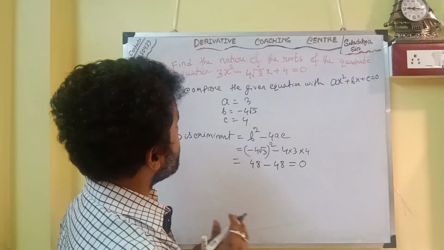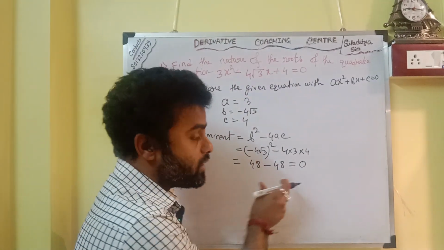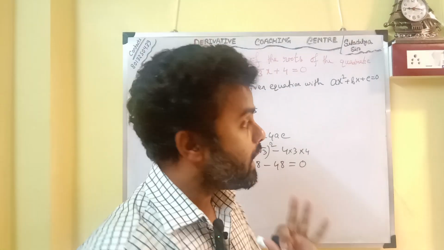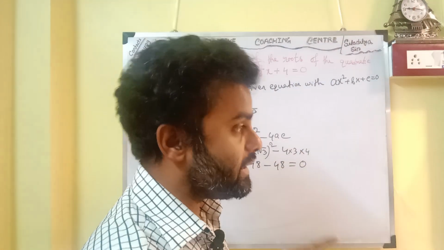As the discriminant is equal to 0, that means the roots are equal roots, real and equal.